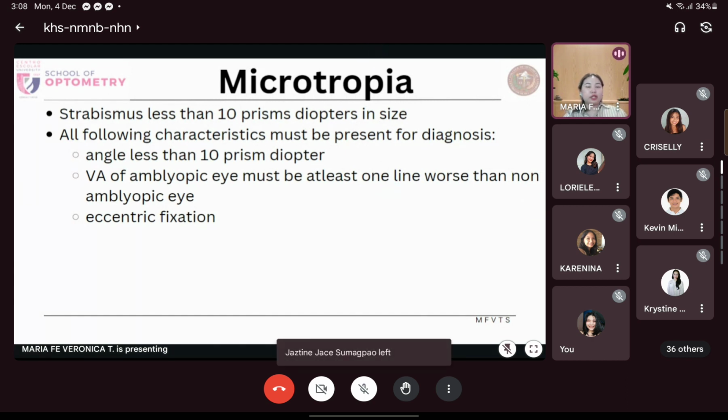Are you familiar with the term eccentric fixation? Hindi. Or nakalimutan niyo na?